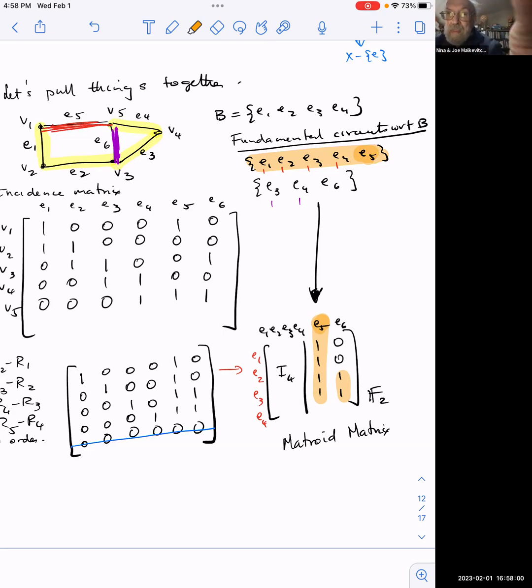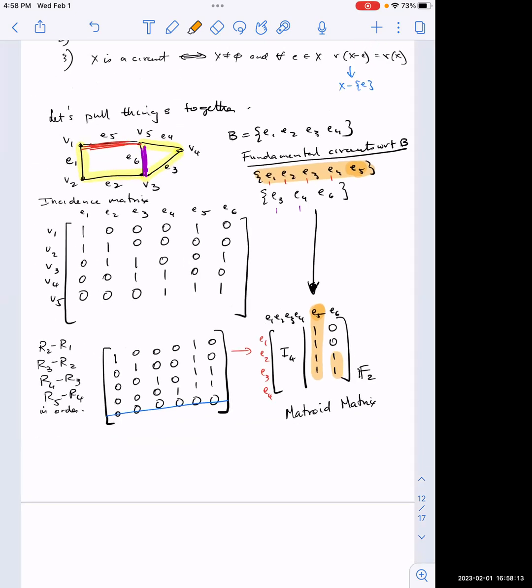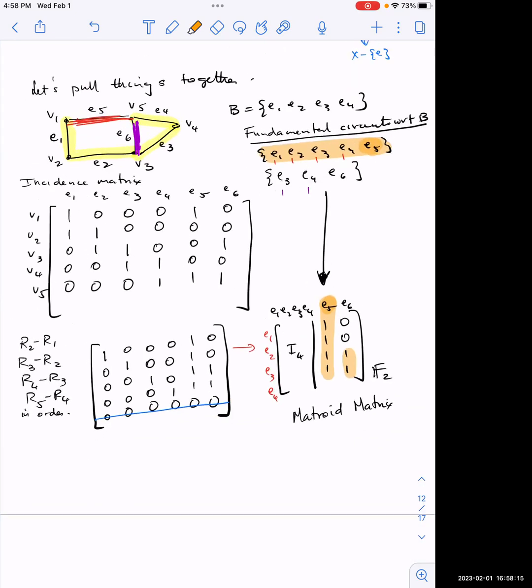I should have said E1, E2, E3, E4. Yes, we are relabeling, because the vertices sort of disappear from sight when we look at it as a matroid. So we could get this matroid matrix by row reducing and doing what I did over here, or we could just get it from the fundamental circuits, which is what we always do. We just go directly like that. Okay.